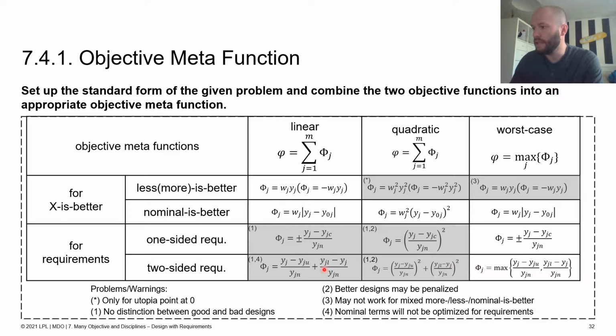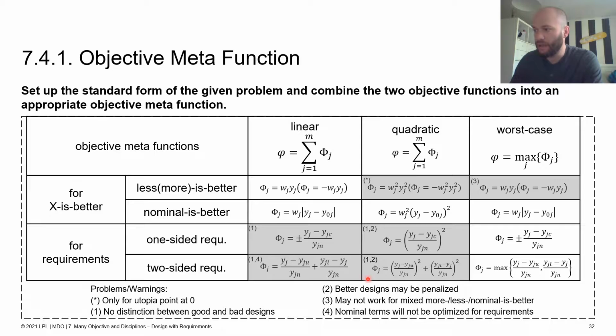And here it's even easier because linear meta-objective functions for two-sided requirements especially are not suited for our problem because they do not distinguish between good and bad designs. Because of the linear formulation, you could have one requirement not satisfied, but still it's a better solution. And the second one is that especially here they cancel each other out. Because of the linear nature, you just end up with a constant term, and the quantity of interest itself is cancelled out. So the linear meta-objective function is not appropriate.